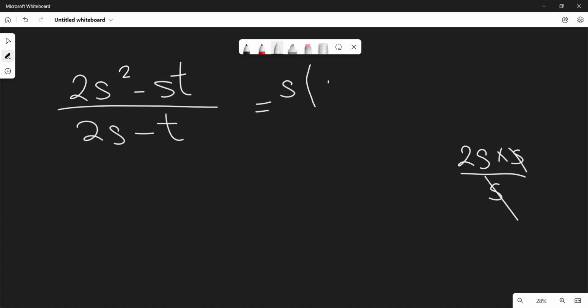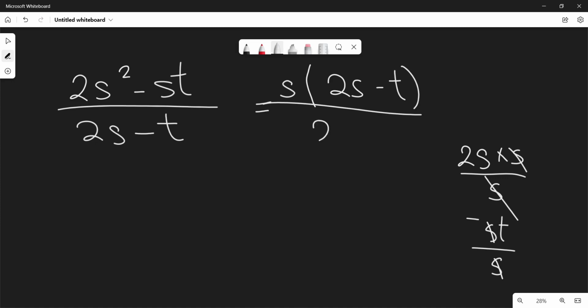I'm left with 2s and then negative st divided by s. I'll just have negative t, right? And then I can leave my denominator as is. Now if you see, we can cancel 2s minus t on the numerator with 2s minus t in the denominator. So I'm left with s over 1, which is just s.